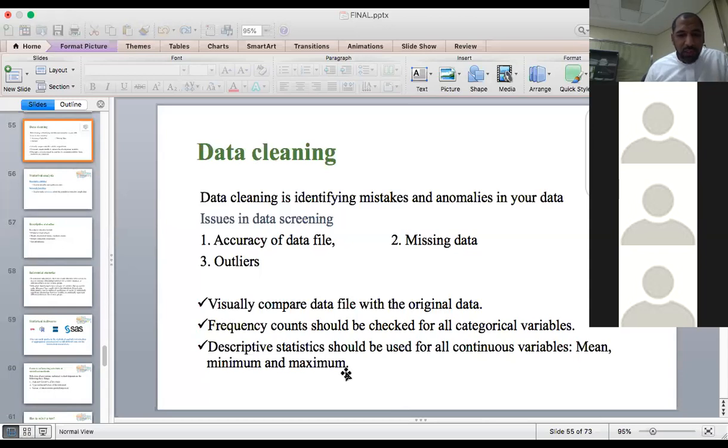It's a very important step to do descriptive statistics in order to see the overall picture of the data and to check the outliers, the accuracy of the data, and any missing data. This is called data cleaning, and it's done through descriptive statistics.